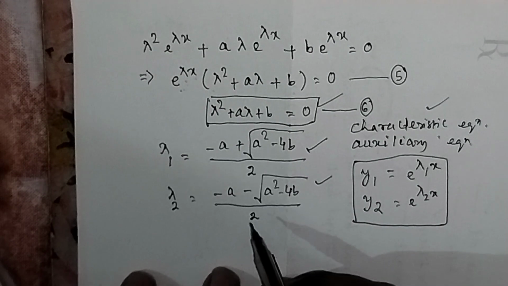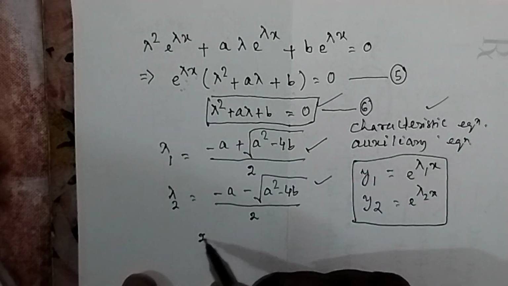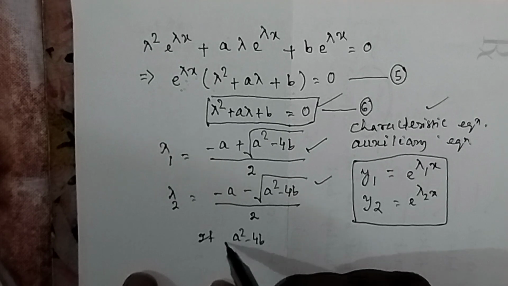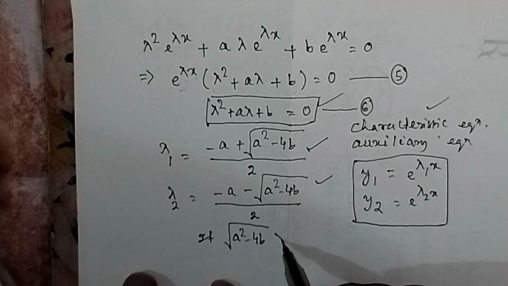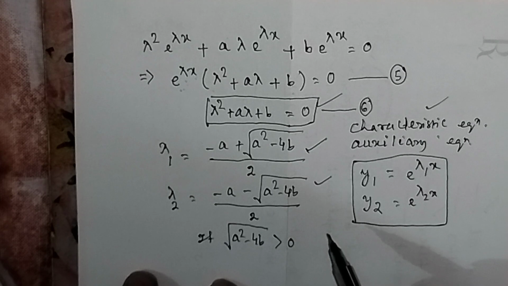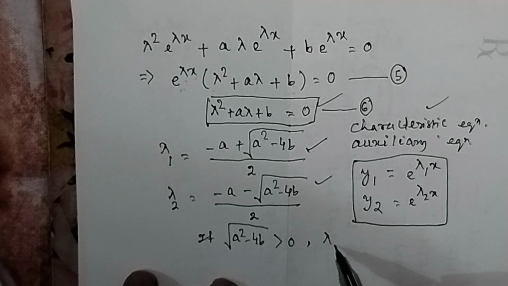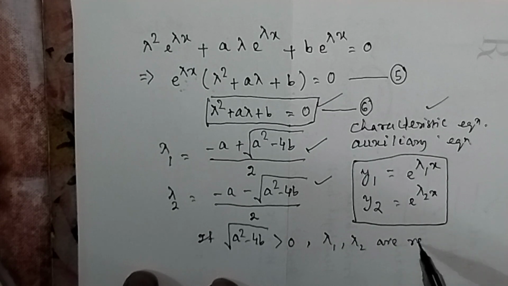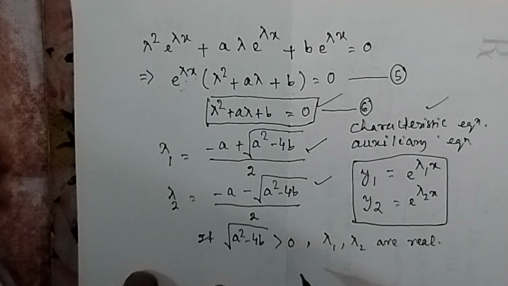And we know if the factor square root of a square minus 4b is greater than 0, what will happen? Lambda 1 and lambda 2 are real constants.